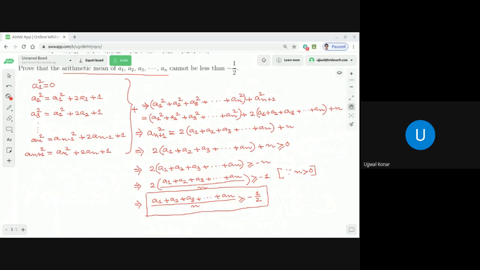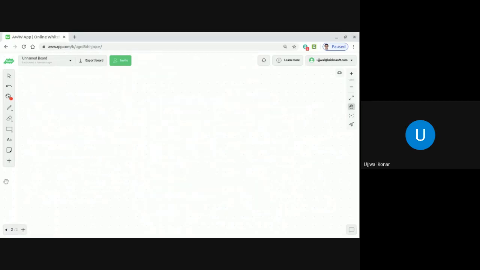Next question is that if AIs are positive real numbers. Let me go to the next page and first put the question.